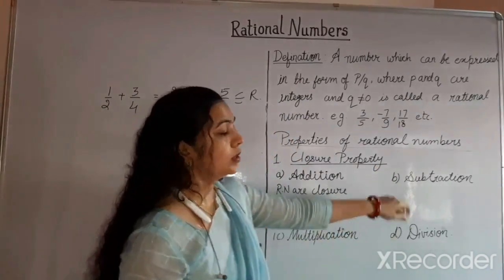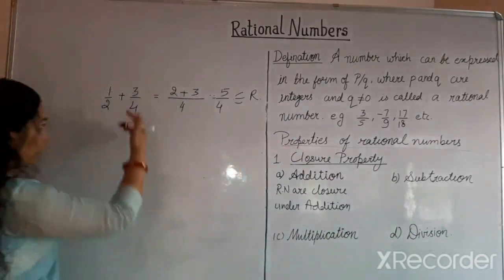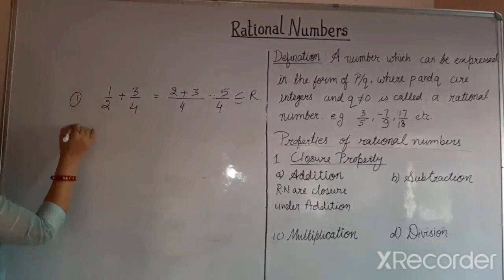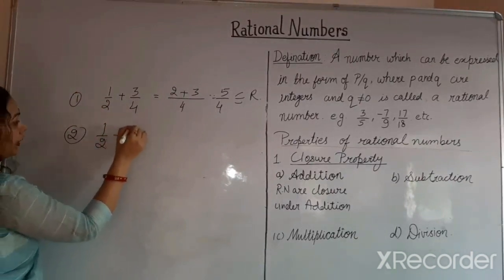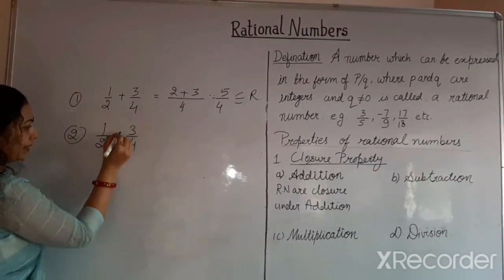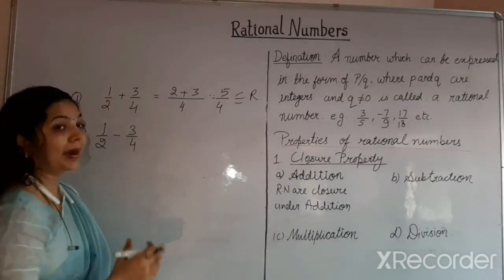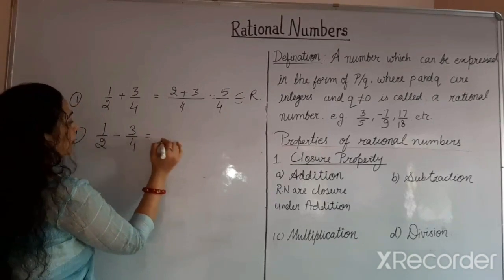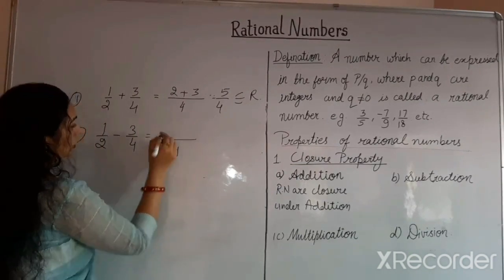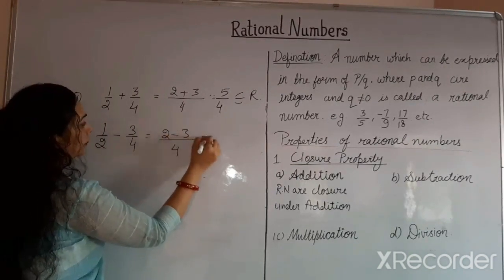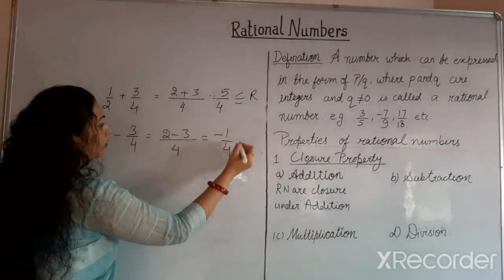Now let's talk about subtraction. If we take the same example, suppose 1 upon 2 minus 3 upon 4. Minus is what? It's an operation. Here addition was the operation, and here we are taking minus, subtraction, as our next operation. The answer is minus 1 upon 4.